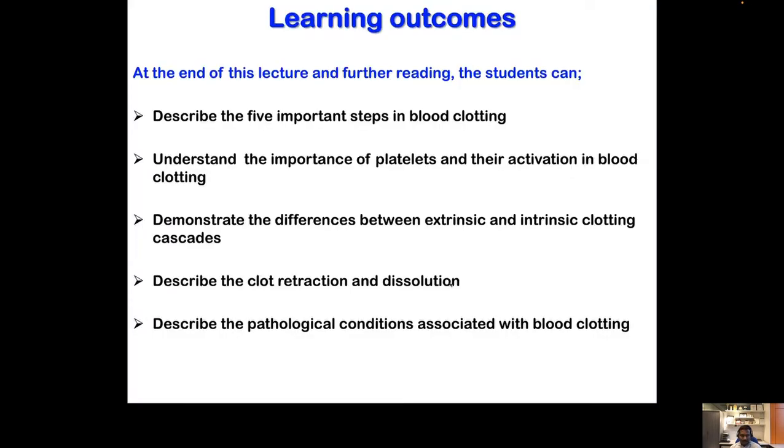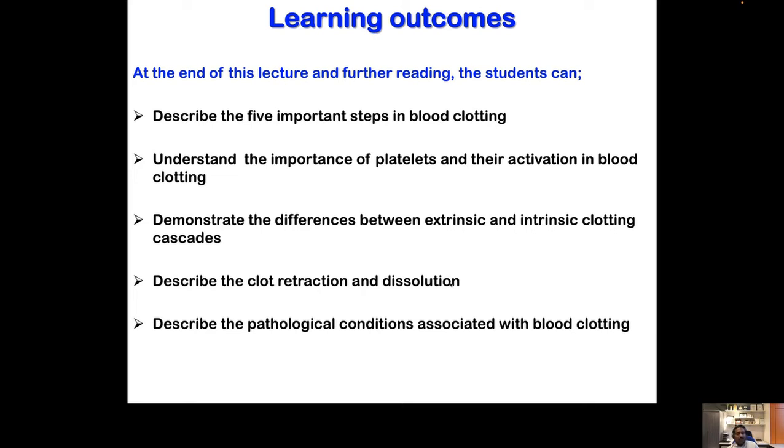Okay. So what are the learning outcomes for this lecture? At the end of this lecture and further reading, you should be able to describe the 5 important steps in blood clotting, because that's what we are mainly going to focus on today. You should understand the importance of platelets and their activation in blood clotting.